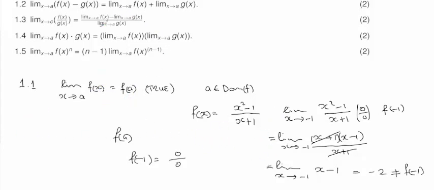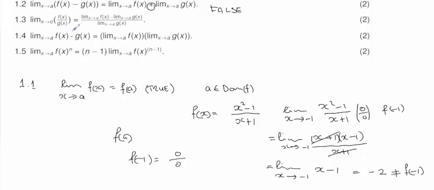Now coming to number 2, I think the answer was false here, and it's clear why it's false, because you can see there's a difference of two functions here, and this side is the sum of the limits. I think it will be true only with the same sign here, like minus there.